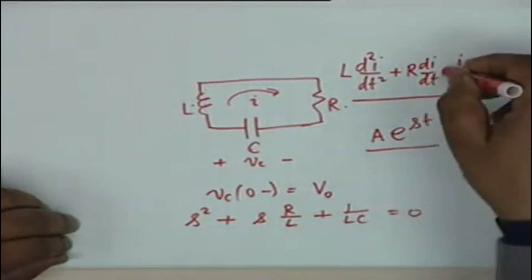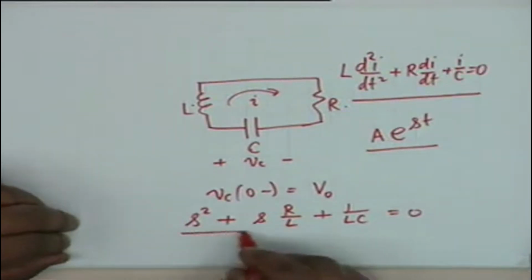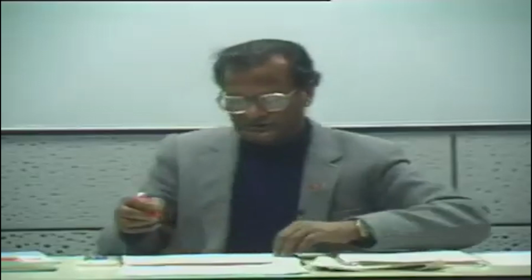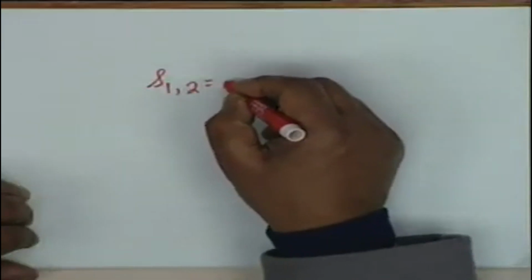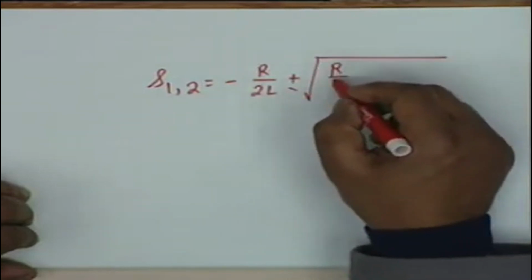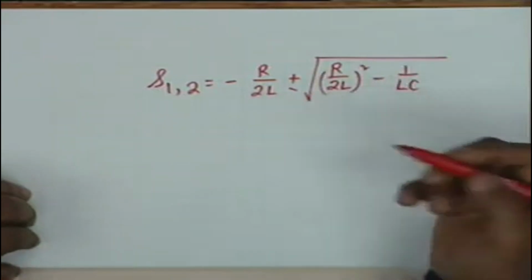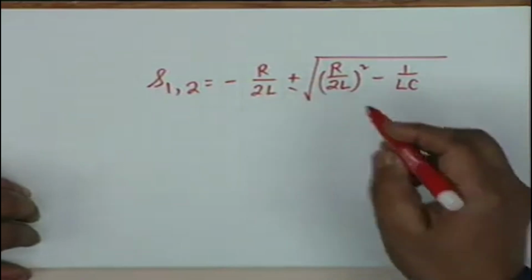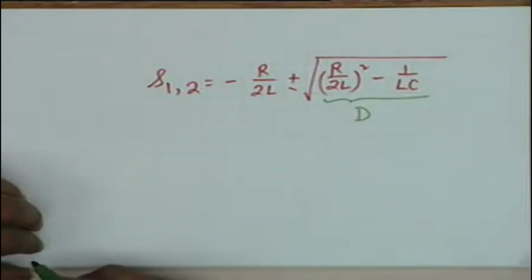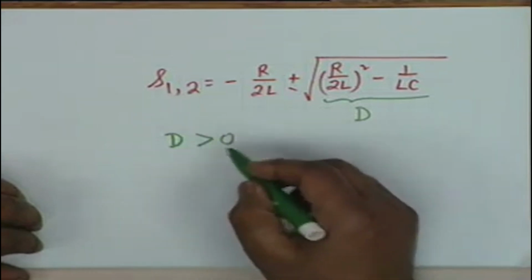If you substitute this in this equation and clear both sides of A e to the st, then this is the equation that you get, which clearly has two solutions, and the two solutions are S1,2 is equal to minus R/2L plus minus square root of (R/2L) whole squared minus 1/LC. And if you denote the quantity under the square root sign as capital D, then you know the capital D stands for discriminant, and we had considered the case when discriminant is greater than 0.